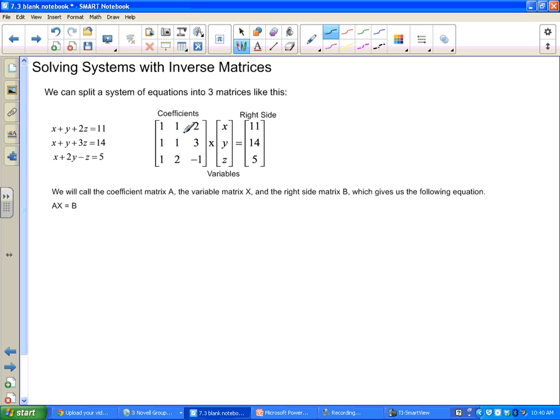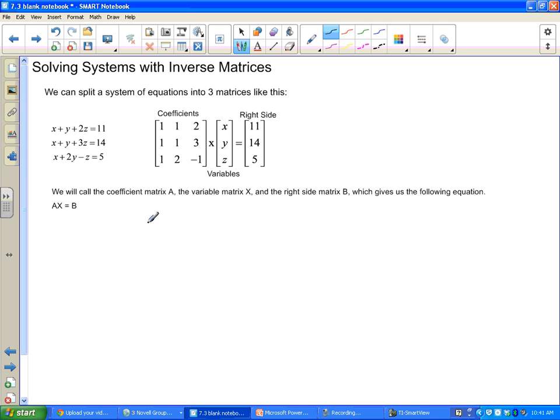Now, if you actually go back and multiply these together, you get the left side of this system, because when we multiply, we do this one and this one, plus this one and this one, plus this one and this one, which is this. Okay, so it does actually work out that this is really this system of equations.